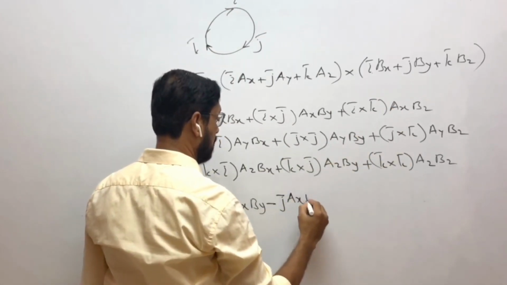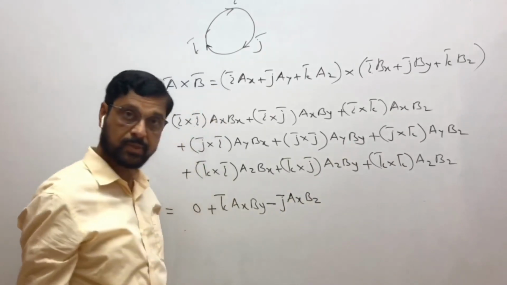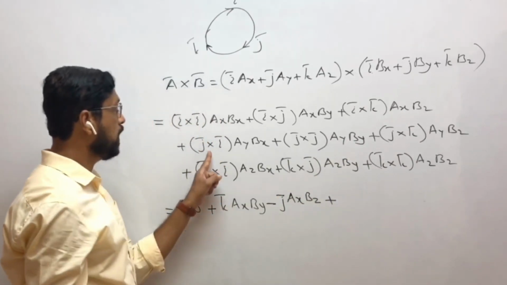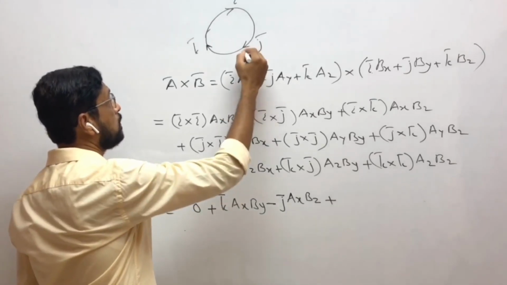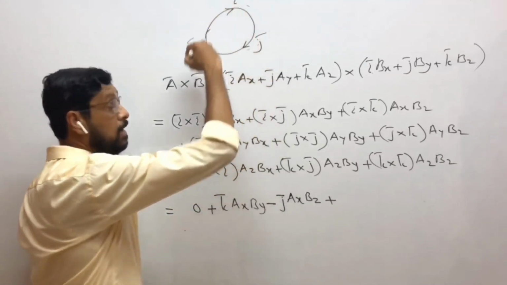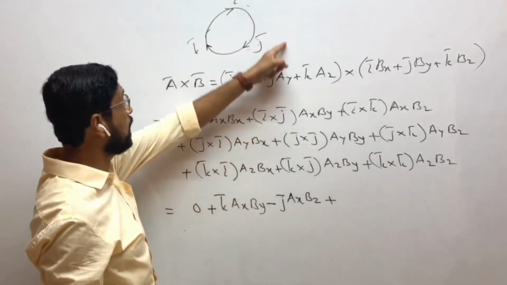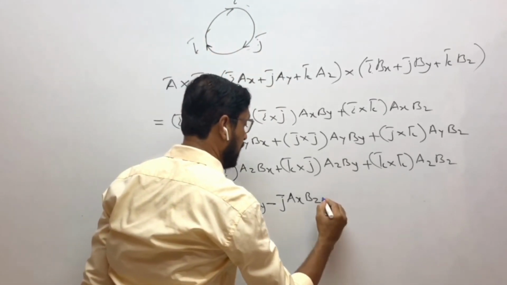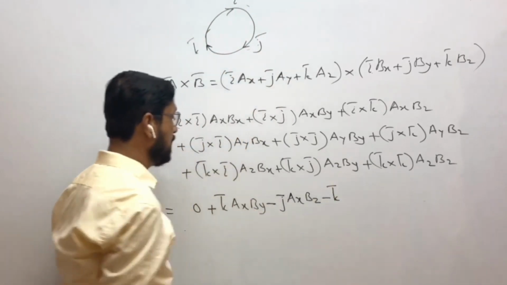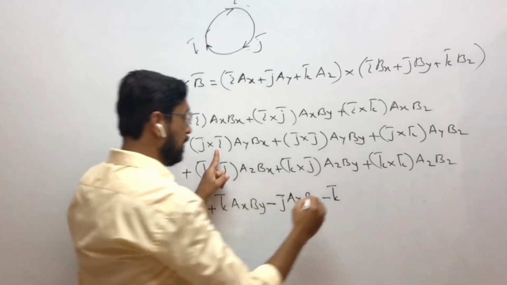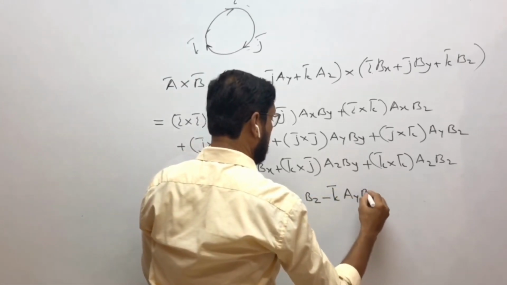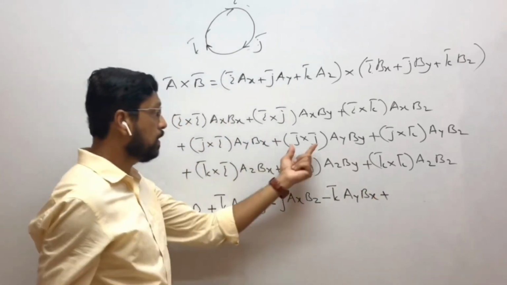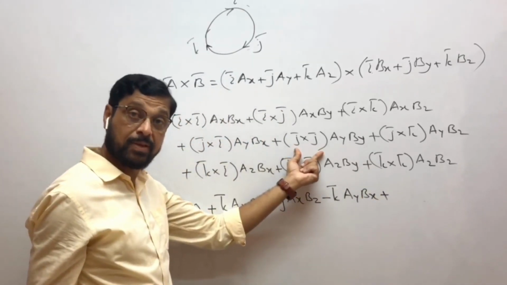AX BZ, right? Plus J cross I, again in the reverse direction. So J cross I will be minus K. So plus minus will become minus K into AY BX, plus J cross J is 0.